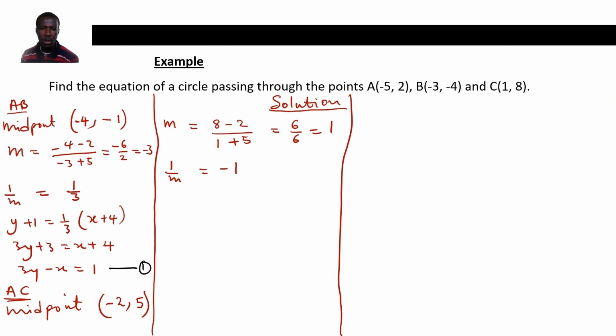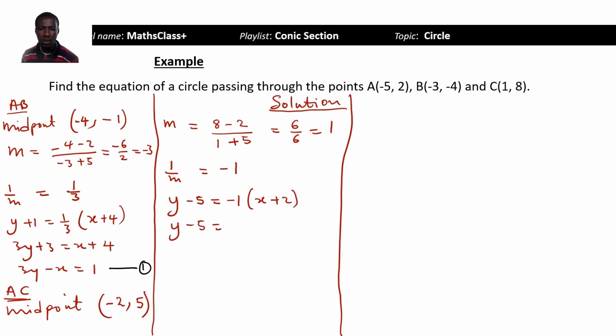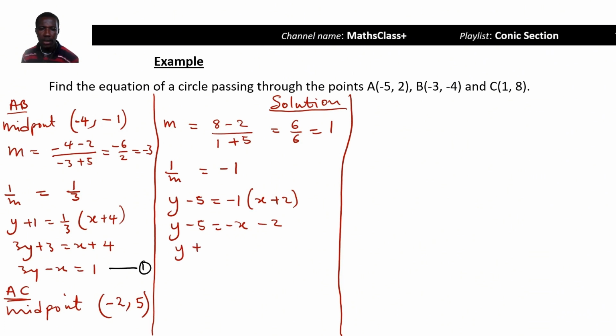Okay, and the equation of the line will become y minus 5 is equal to -1 times x plus 2. So when we simplify, we get y minus 5 is equal to minus x minus 2, which gives y plus x is equal to 3.